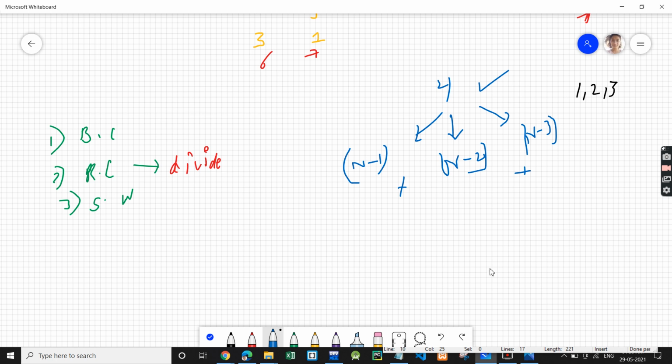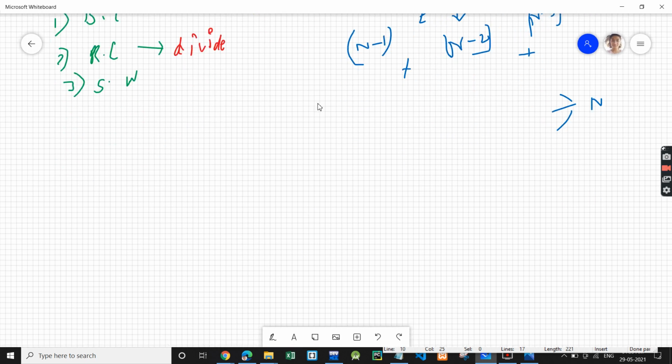Just think of it: if we know that we can reach n minus 1 stair in these many ways, n minus 2 in these many ways, and n minus 3 in these many ways, we can combine them and that will give us the answer for the nth stair, right?